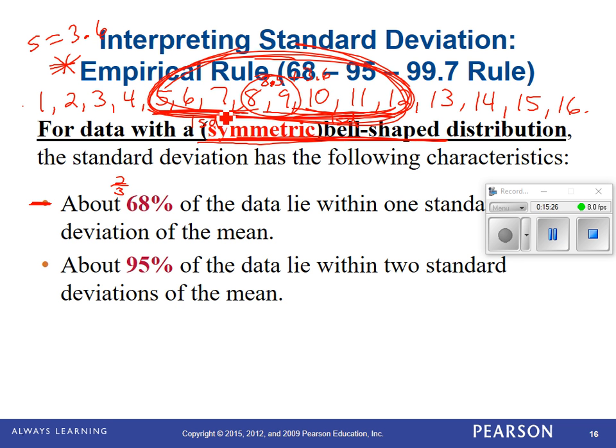If we subtract 3.6 from it and go down, that's 1 standard deviation to the left. If we went down another 3.6, that would be 2 standard deviations to the left. If we went up another 3.6, that would be 2 standard deviations to the right. And we're saying about 95% of the data should fall within that range.